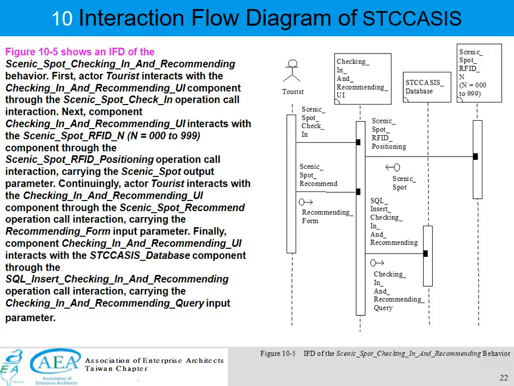The third interaction is the tourist actor interacting with the check-in and recommending UI to do the scenic spot recommend operation with the recommending form input. The fourth interaction is between the check-in and recommending UI and the STC AXIS database with the check-in and recommending query input data.